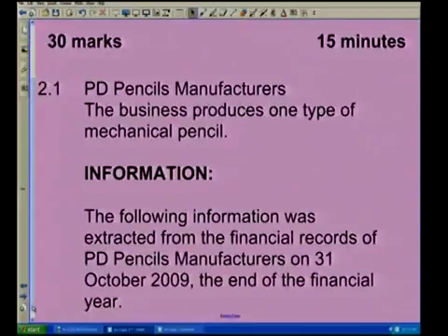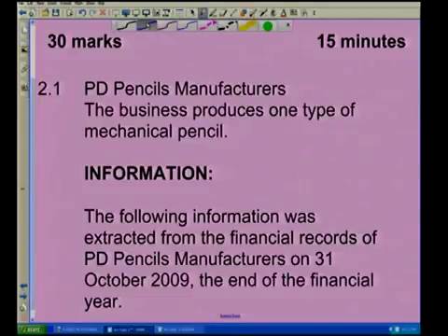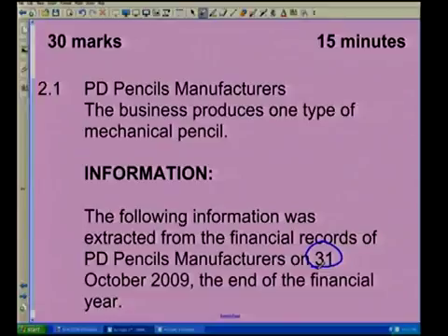Question: PD Pencil Manufacturers. The business produces one type of mechanical pencil. Carrying on with the information, what are we told? The following information was extracted from the financial records of PD Pencil Manufacturers on the 31st of October 2009.